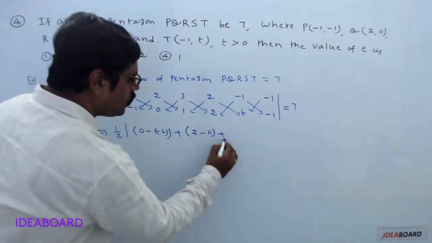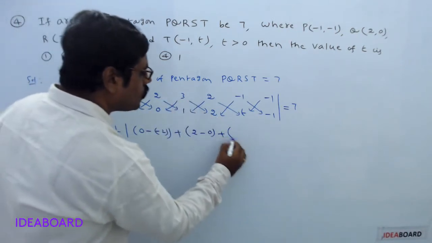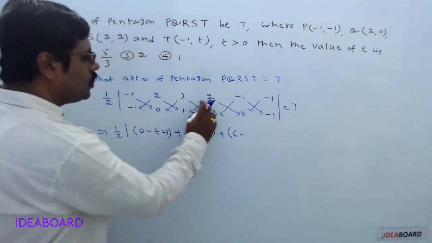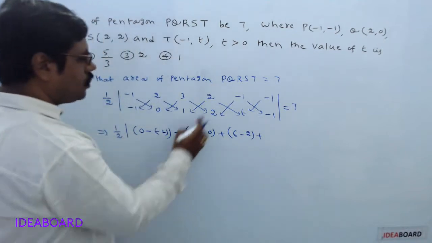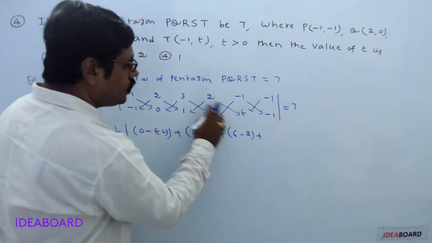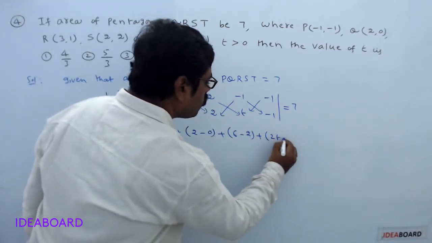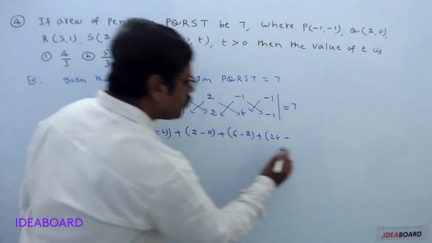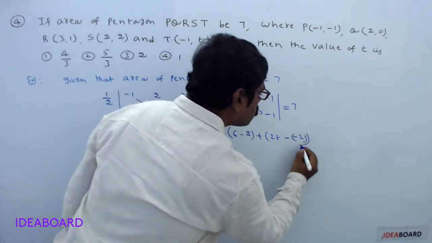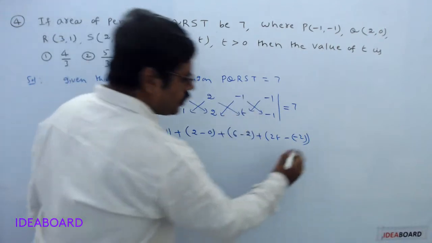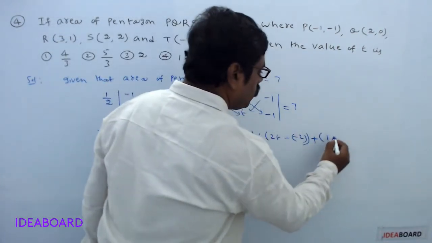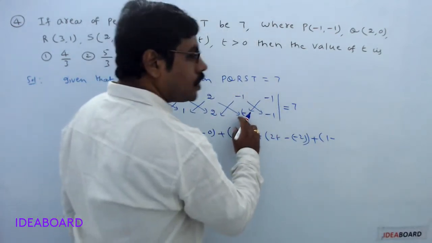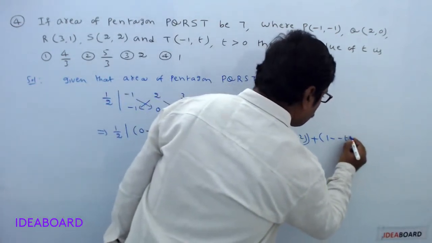This part is over. Plus 3 into 2, 6, minus 2 into 1, 2. Now this part is over. Then 2t minus minus 1 into 2, minus 2. Now this part is completed. Plus minus 1 into minus 1, 1, minus minus 1 into t, minus t.